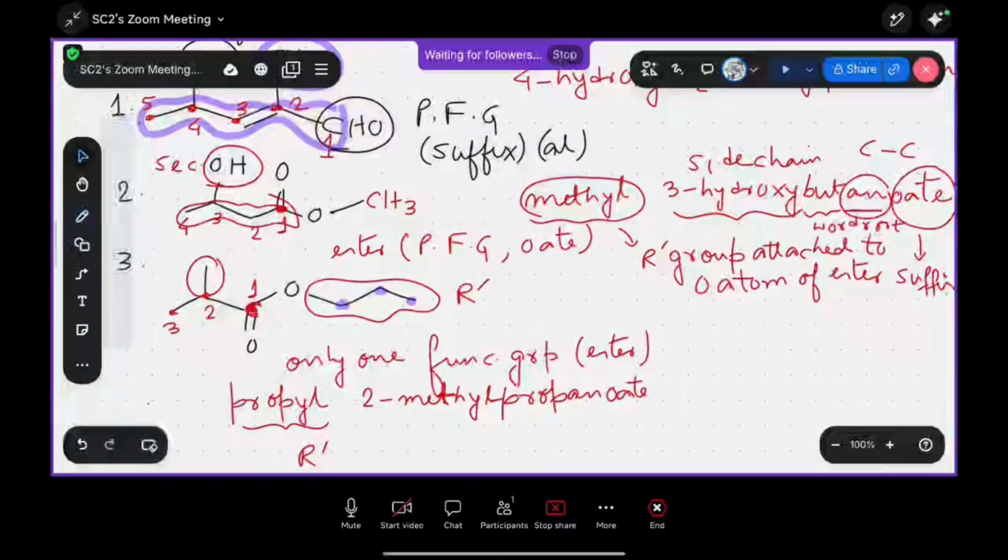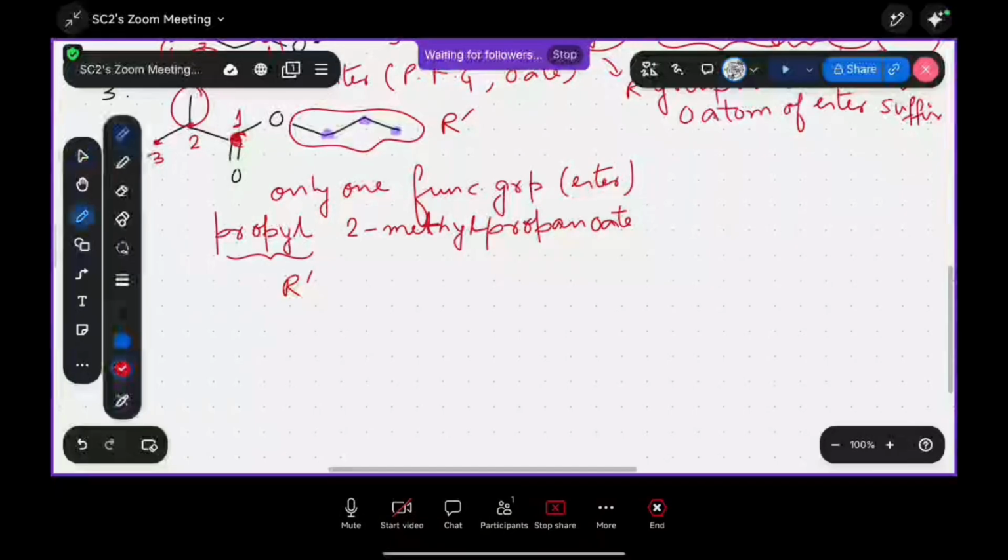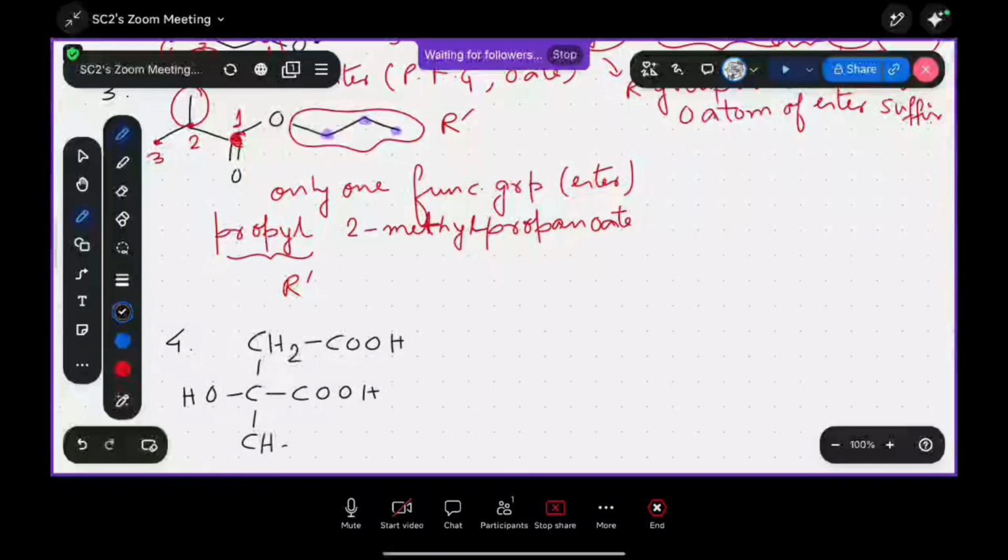Now let's take another example, and this will be a little different from the previous examples and a very common type of question that is asked in your competitive exams. Let me show you the example first. Let me write the compound. This compound is somewhat like this.